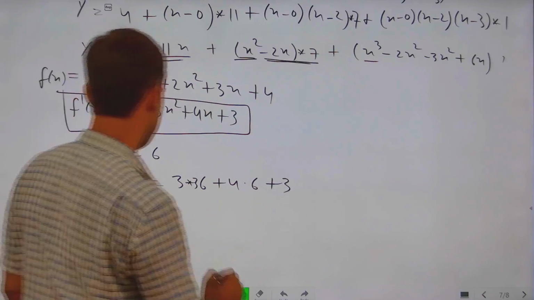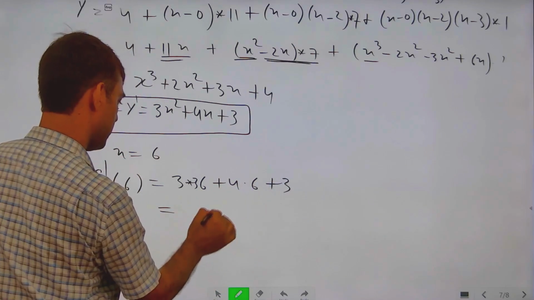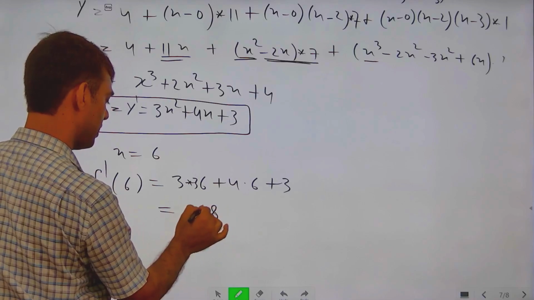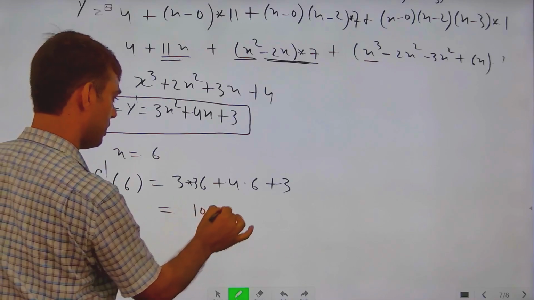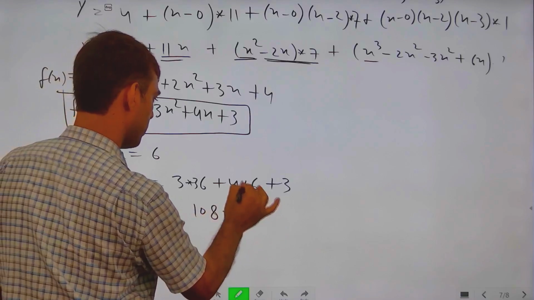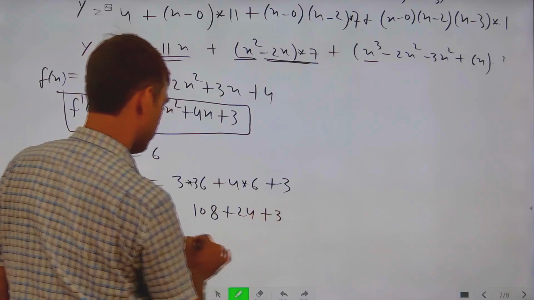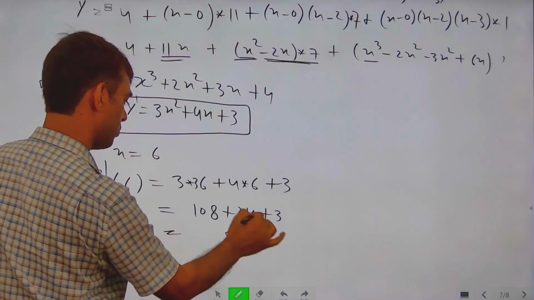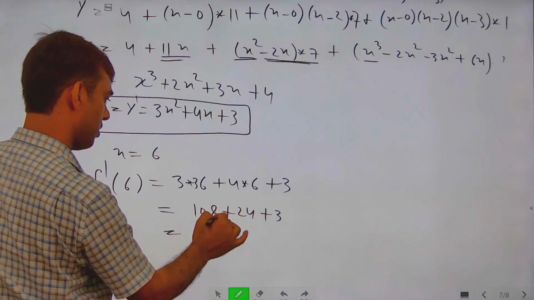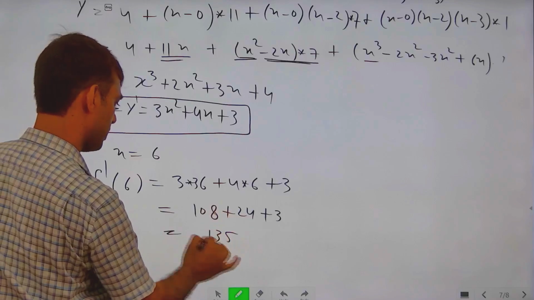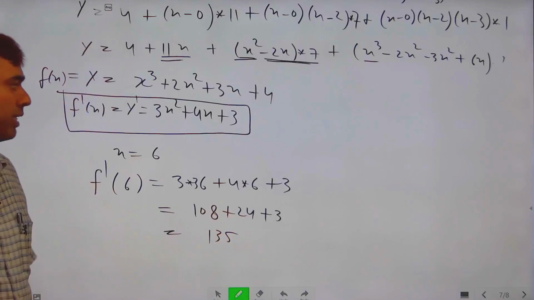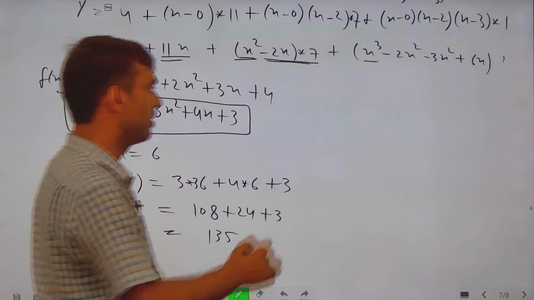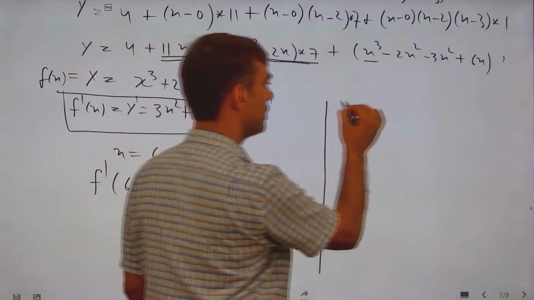So 3 times 36 is 108, plus 24, plus 3, which is 135. So the value of f dash 6 is 135.